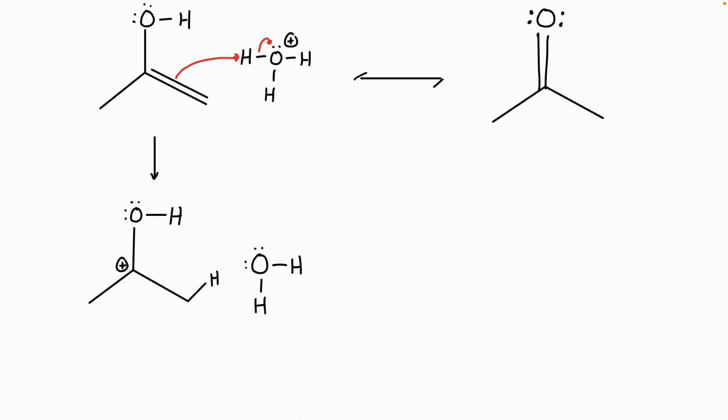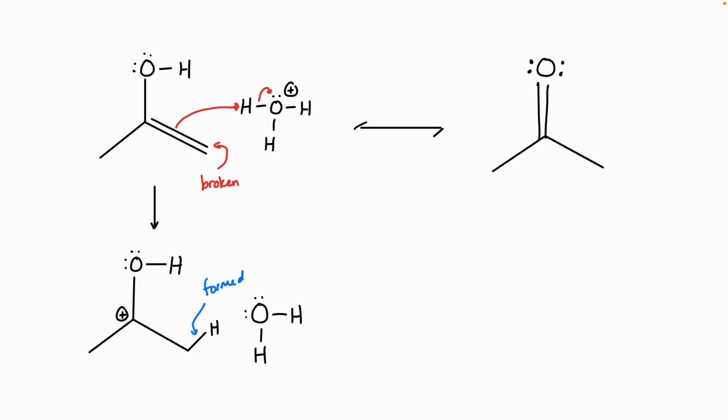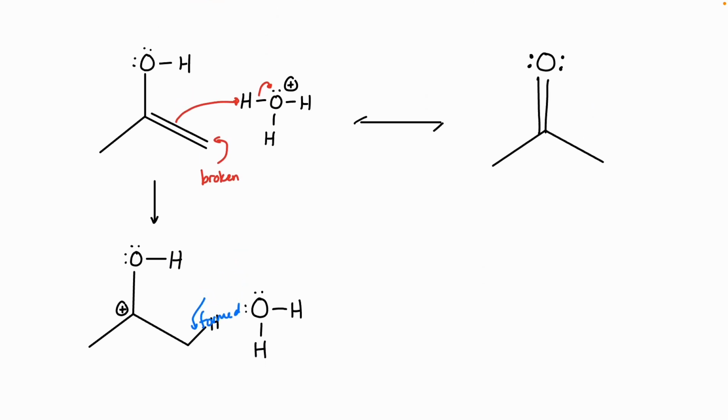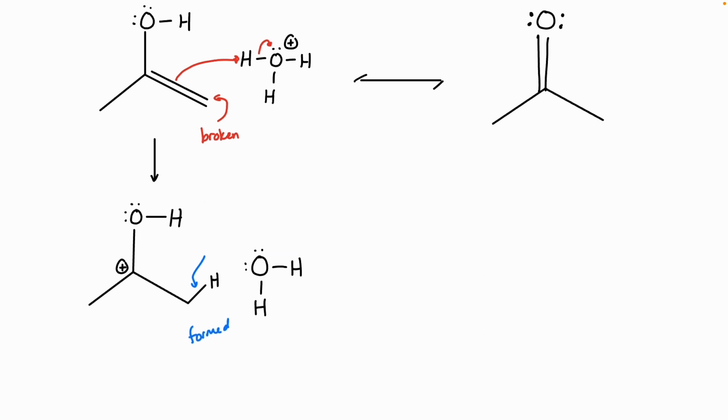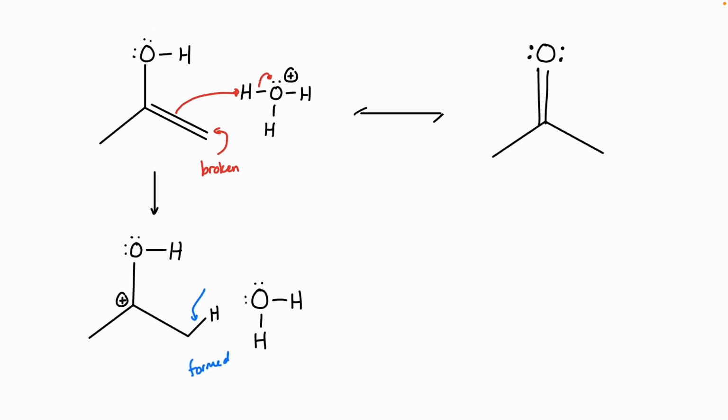We've successfully broken that carbon-carbon double bond, and we've successfully formed that new carbon-hydrogen bond, right? So we're like halfway there. I want you all to finish off this mechanism for me. See if you can propose a mechanism that would be consistent with the acidic conditions here.